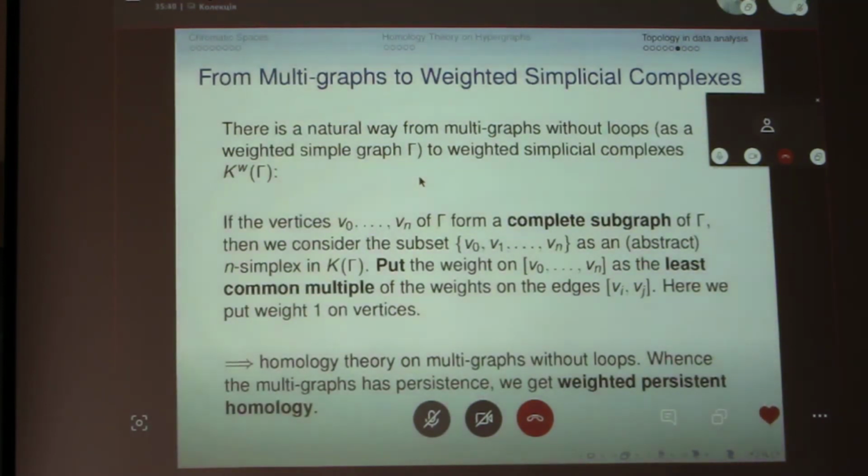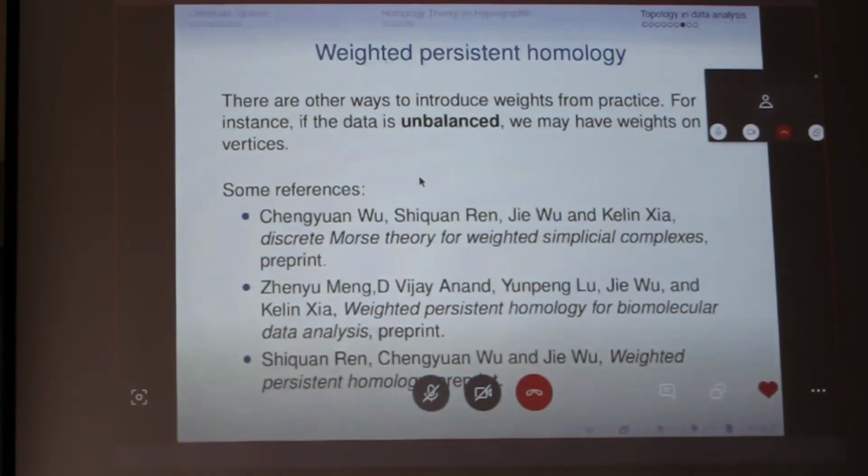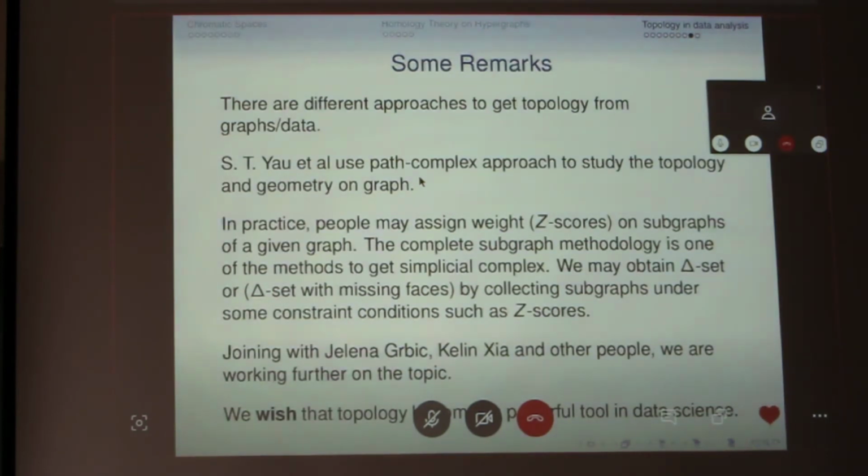we also try to work on persistent homology and discrete Morse theory for hypergraphs. More recently, I think two months ago, Jelena Grbić and I also tried to, I think we're almost done, but we're still writing. We also find a uniform topological approach in data science. That means currently the present models in data science are only suitable for point cloud data.